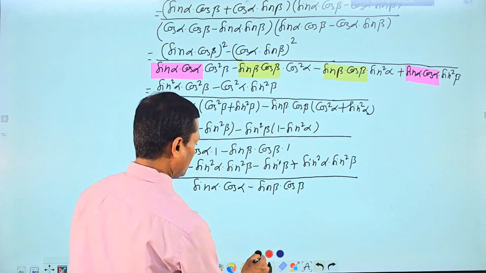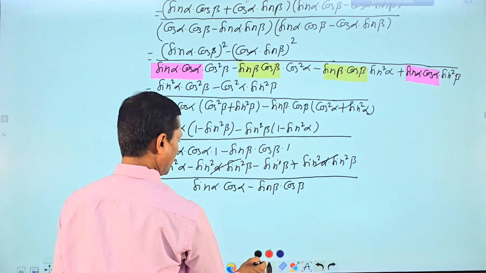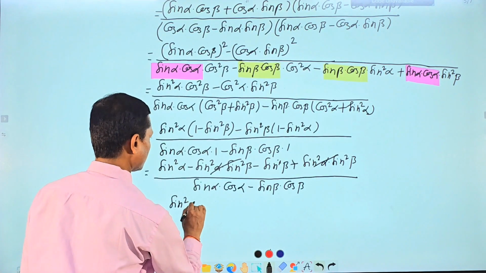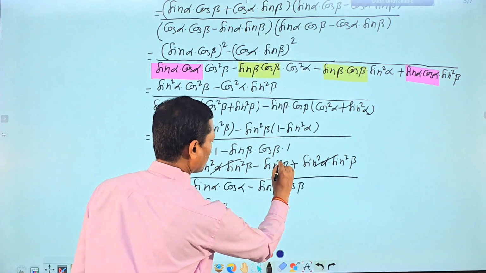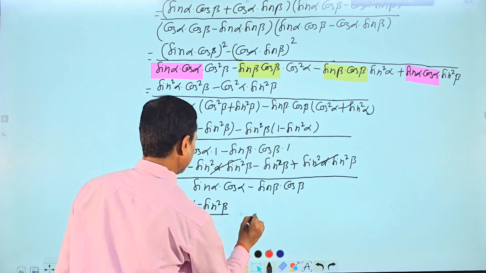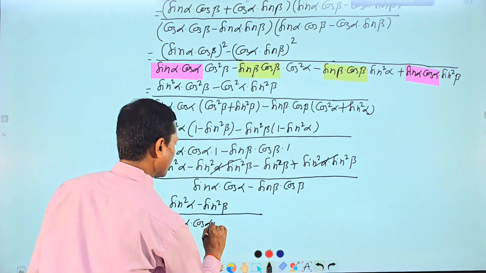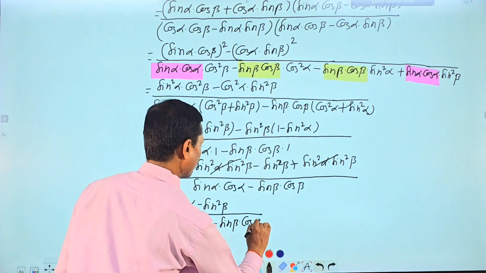Now these two parts will cancel, and the remaining we have sin square alpha minus sin square beta over sin alpha dot cos alpha minus sin beta dot cos beta.